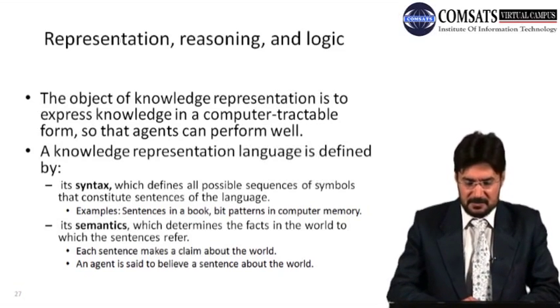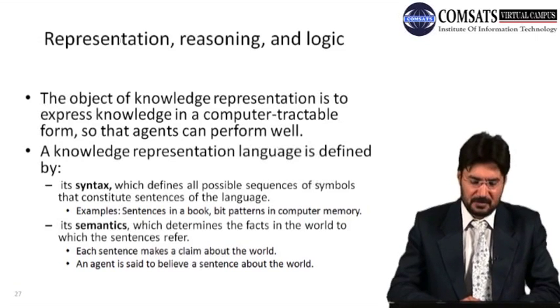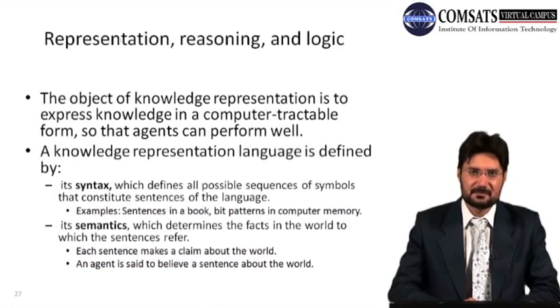Semantics determines the fact in the world to which the sentence refers. Each sentence makes a claim about the world. An agent is said to believe a sentence about the world. So semantics is actually the understanding of it, what the syntax means.